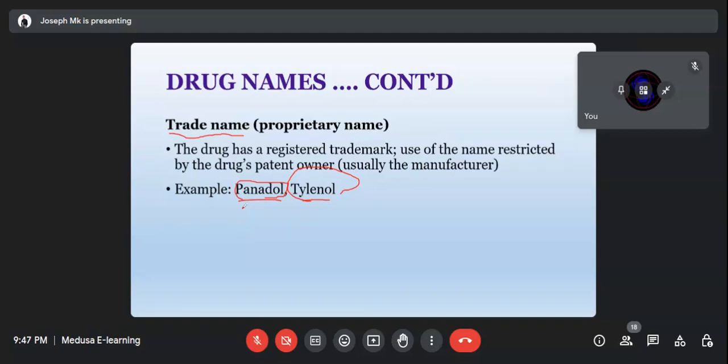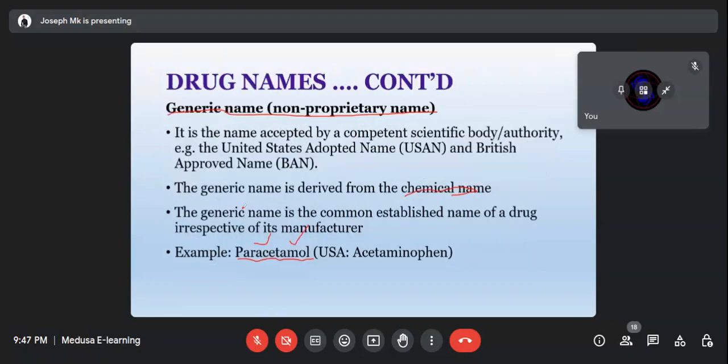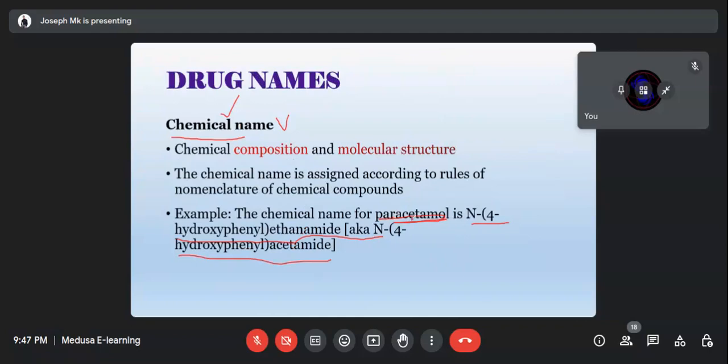Doc, kindly repeat on the generic name. All right. So the generic name, like I said earlier, is just derived from the chemical name. This one, paracetamol, is the generic name. Then this one, 4-N-4-hydroxyphenyl acetamide, is a chemical name because it gives the composition and the molecular structure.